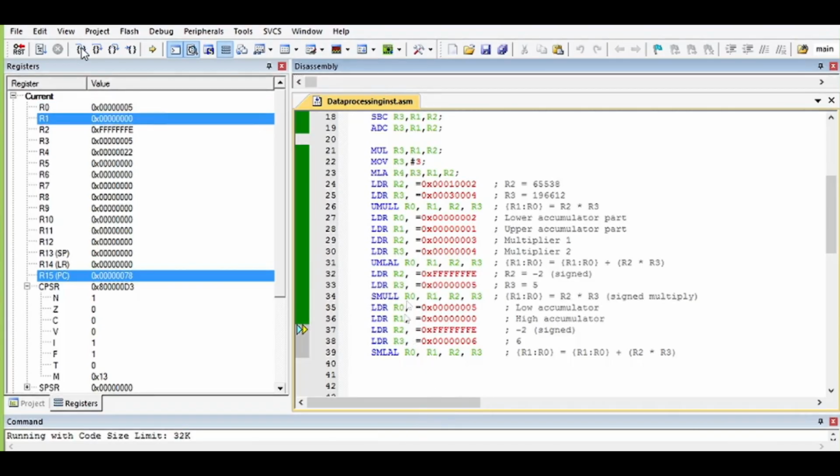Next, we are taking new values here for R0, R1, R2, R3, and we want to perform signed multiply accumulate long. So here what should happen? Signed numbers are multiplied, and that product is added with the content already stored in R0 and R1. The final result generated is again stored back in the registers R0 and R1. Let's see what result we obtain for that.